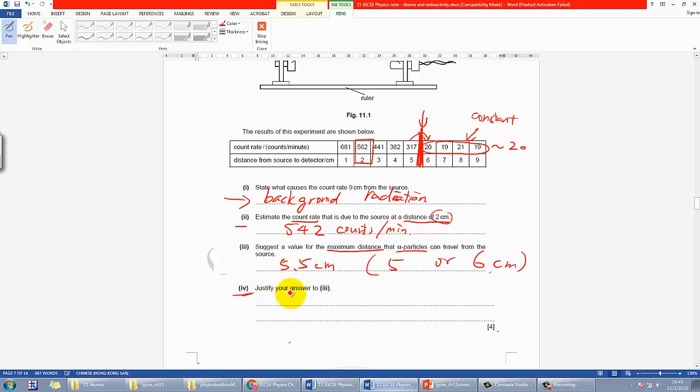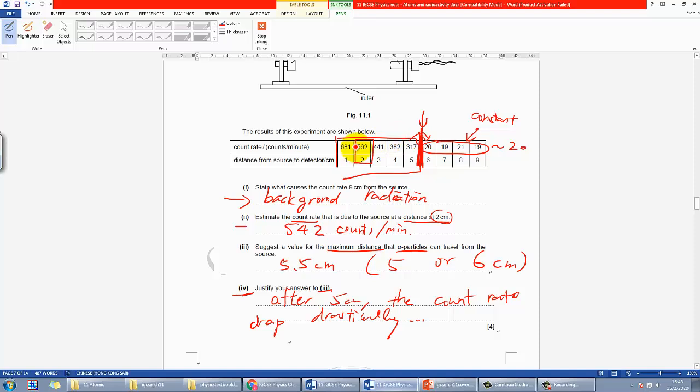Number 4, justify your answer. You can simply say after 5 cm, the count rate drops drastically. And that is because the air, in itself, could be like a layer.